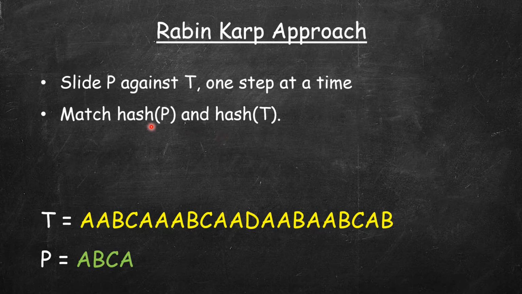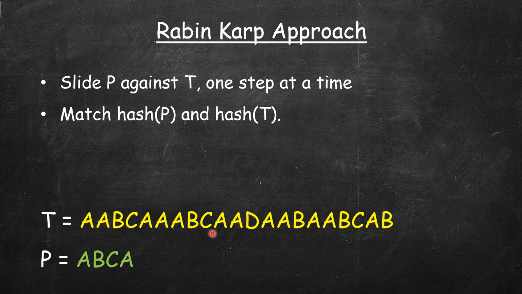This is provided we can update the hash of the next window from the previous hash. If we have the hash of 4 characters and then we move by one step, you will notice that just one character has changed. These 3 characters will remain in the next window also. The first character will go away and one more character will come.